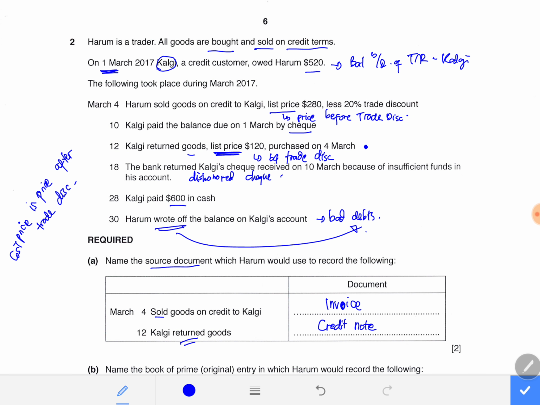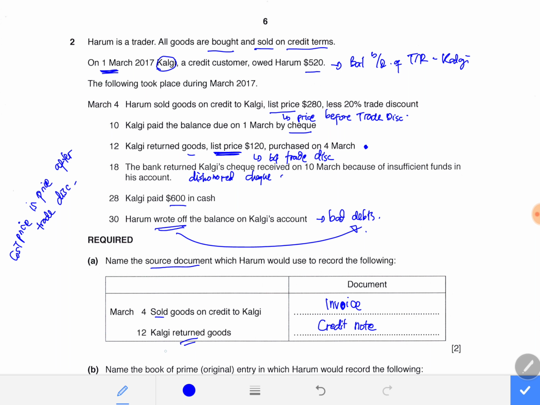A credit note can be used for sales returns as well as purchases returns. It's just a matter of who is issuing and who is receiving. If an invoice is received, it records purchases on credit. If an invoice is issued, it records sales on credit.